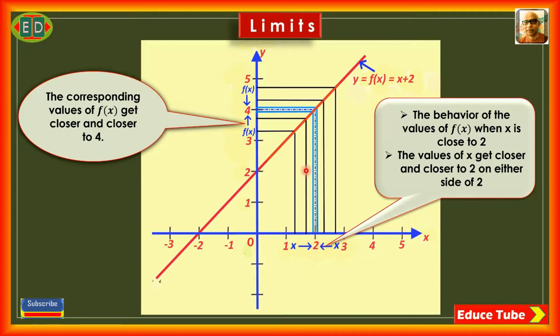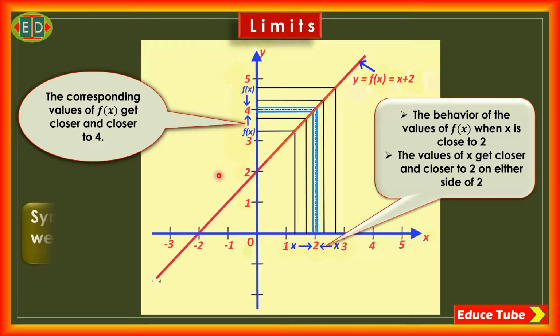The corresponding horizontal lines identify the value of function of x associated with each value of x. So the value of x gets closer and closer to 2 on either side of 2. The corresponding value of f(x) gets closer and closer to 4.